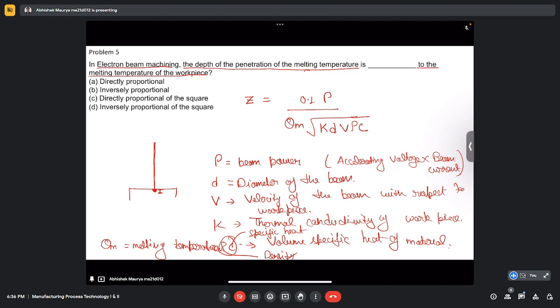And this relation has been proved by the Buckingham pi theorem, as well as it involves some practical knowledge also. So yes, this has been found to be working till date. From this relation we can see there is an inverse relationship between z and theta m. So the correct answer is inversely proportional. Okay, so let's move to the next problem.